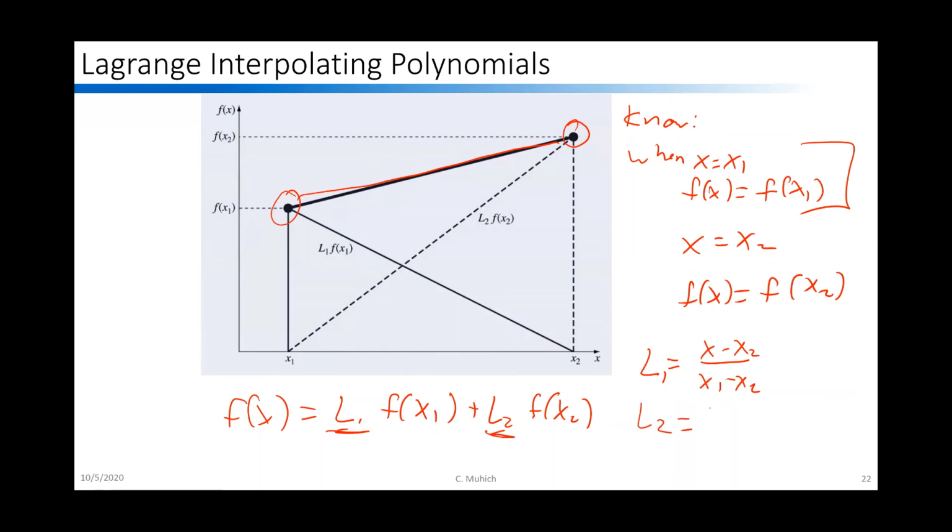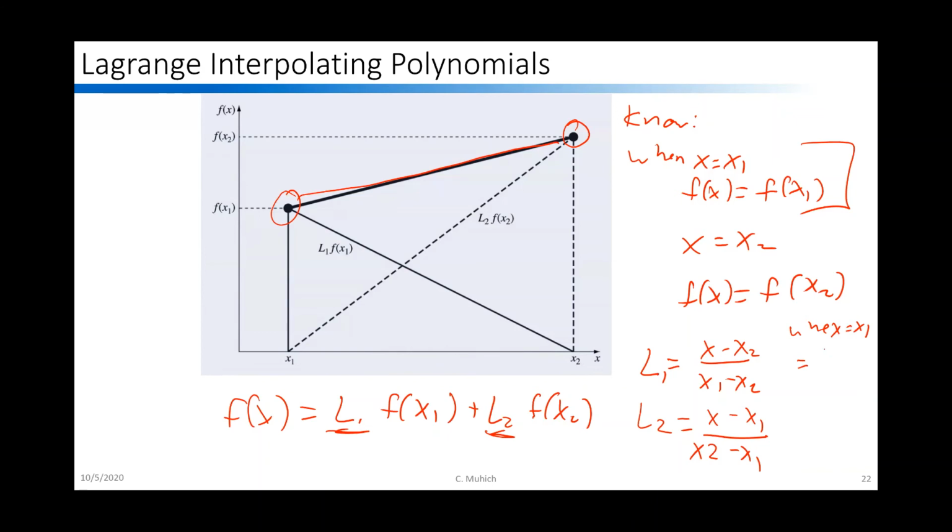So what could we do there? Well, we can put it the other way. We can say L2 would be x minus x1 over x2 minus x1. In this case, I'm still premising our idea on what happens when x equals x1.